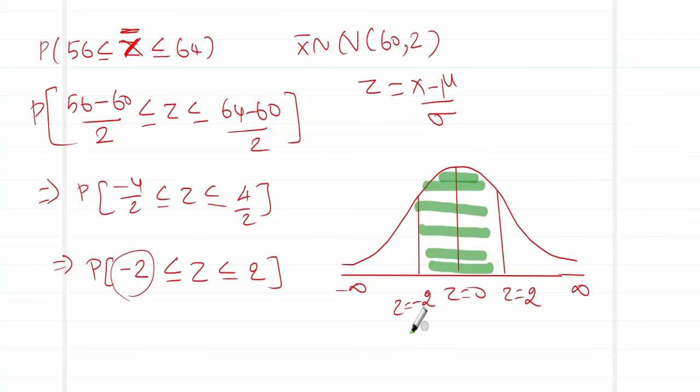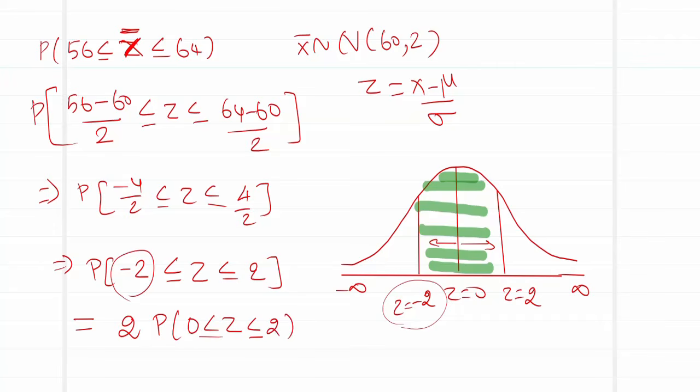But I know that the normal distribution table cannot give me the values for negative quantity. Therefore, I take the mirror image because this is going to be identical on both sides, plus 2 and minus 2. So how can I rewrite this? I can rewrite this as 2 times probability 0 less than z less than or equal to 2.